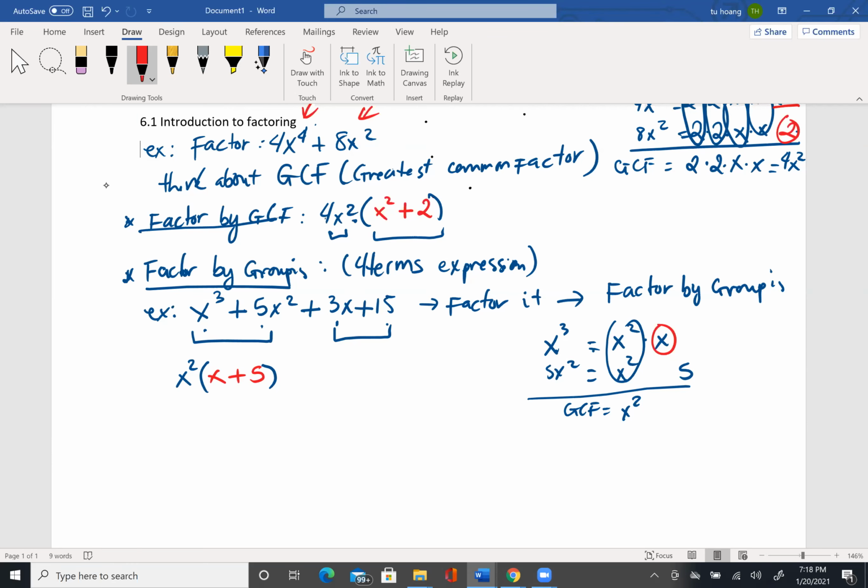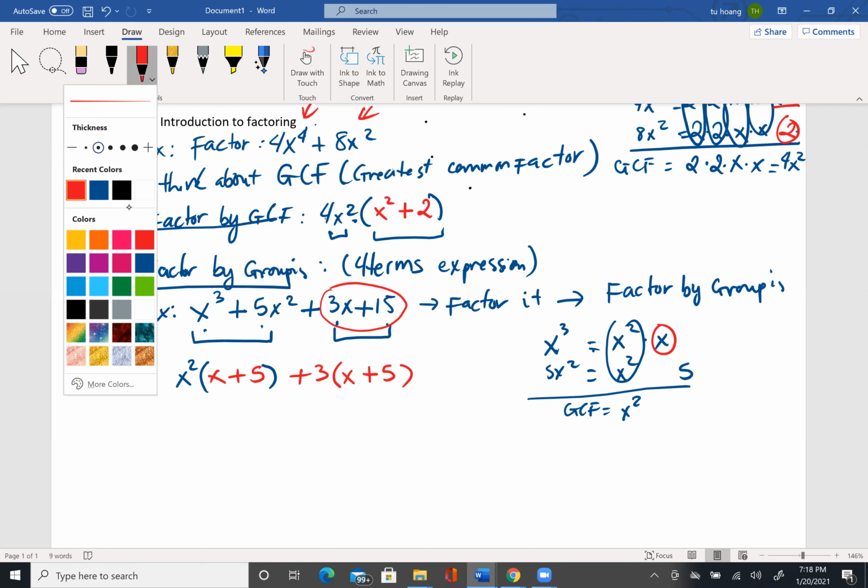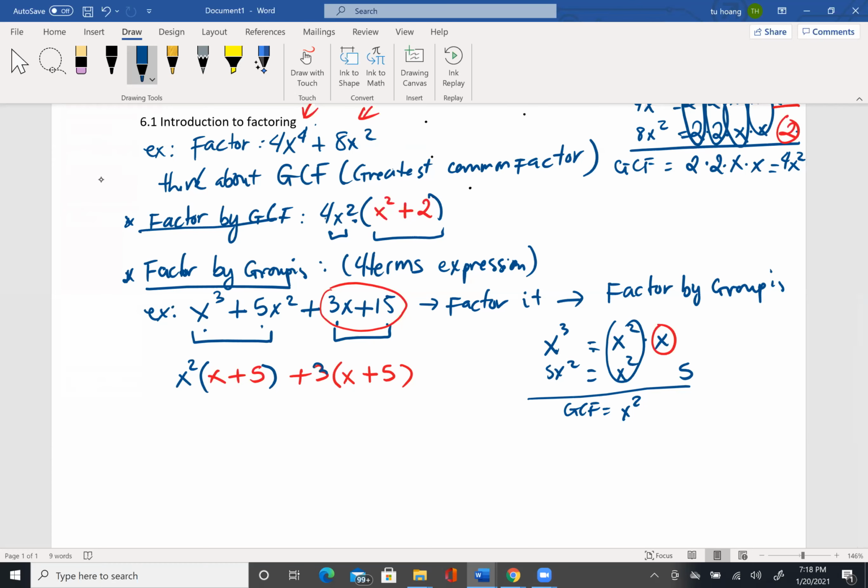Now you need to know what is the greatest common factor of the second 2 terms. Doing the same method like I did before, you're gonna figure out positive 3 will be the greatest common factor. So what you do is you're gonna put plus 3 and then multiply it by x plus 5. Okay. Right.